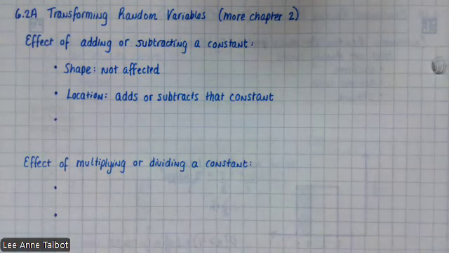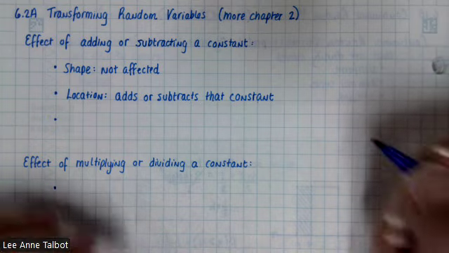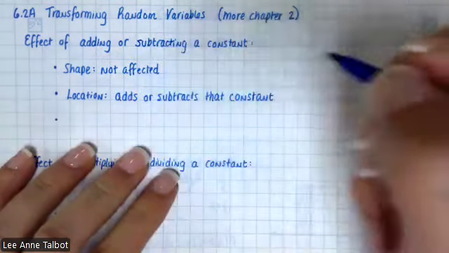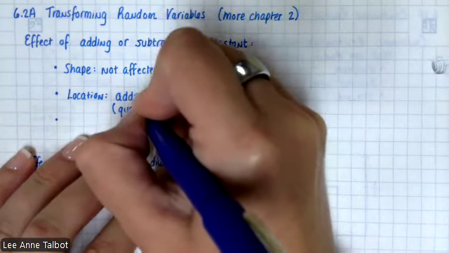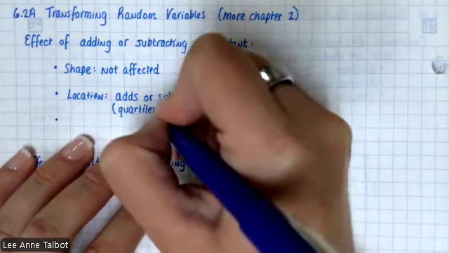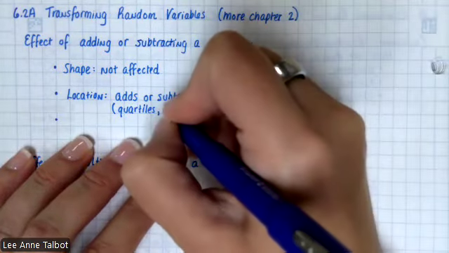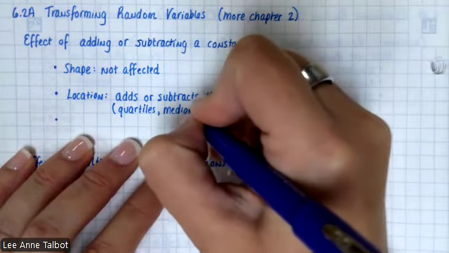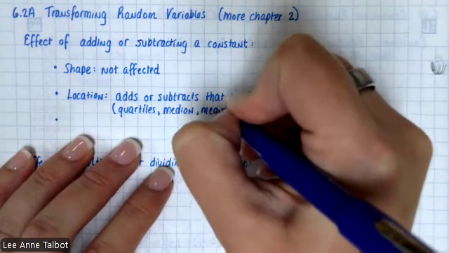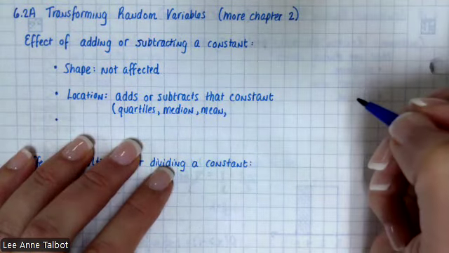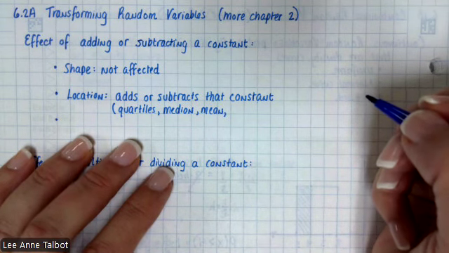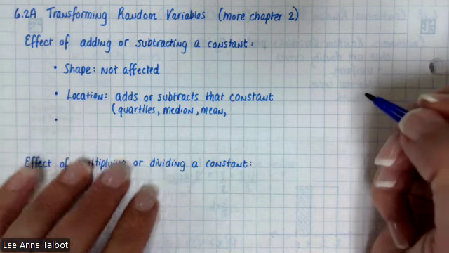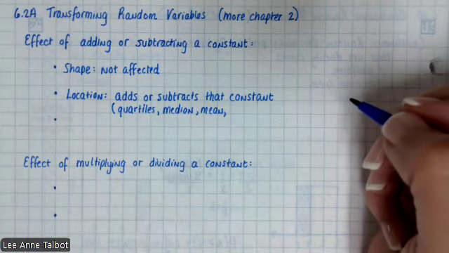And what we need to do is remind ourselves what are measures of location. For example, quartiles, median, mean. Any other locations you guys know? Median, mean, quartiles. What else?